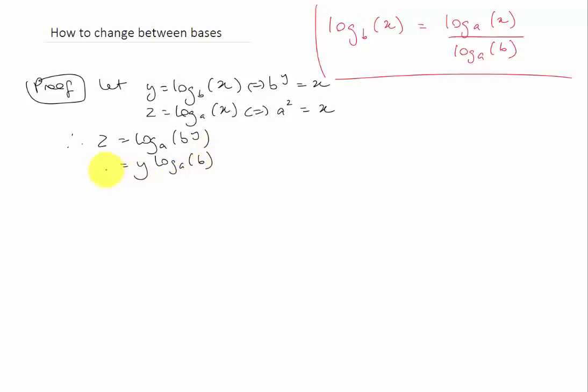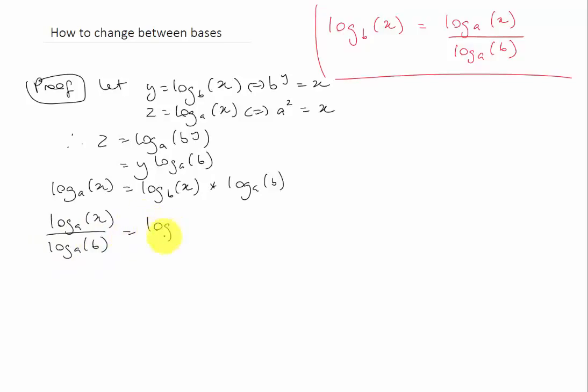And now what we're going to do is we're going to replace z by log in base a of x, and we're going to replace y by log in base b of x, and then log in base a of b stays the same, and then we can rearrange that to say that log in base a of x divided by log in base a of b is equal to log in base b of x. So that's what I was trying to show you there.